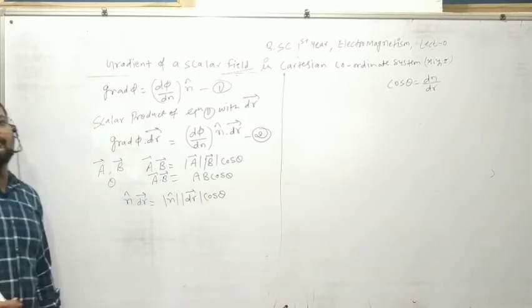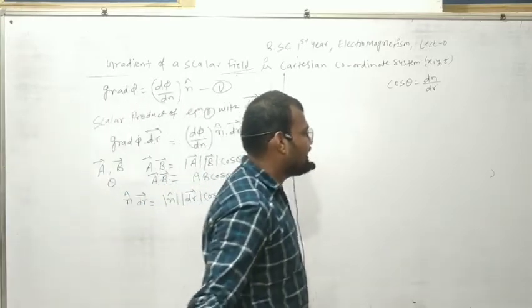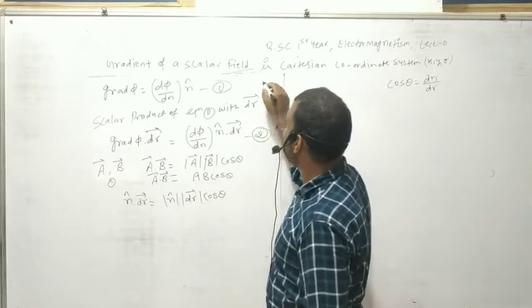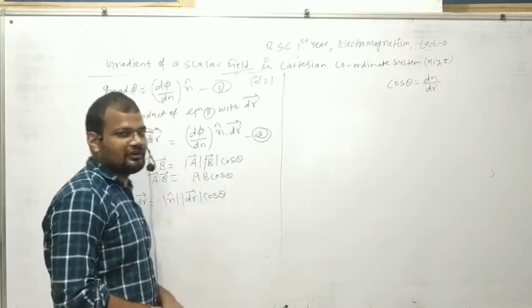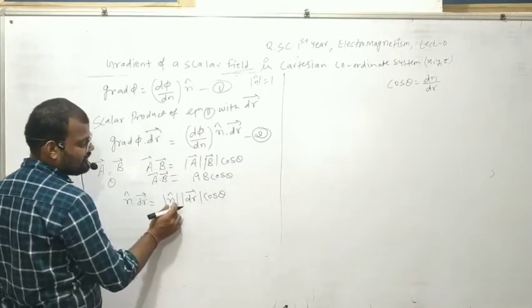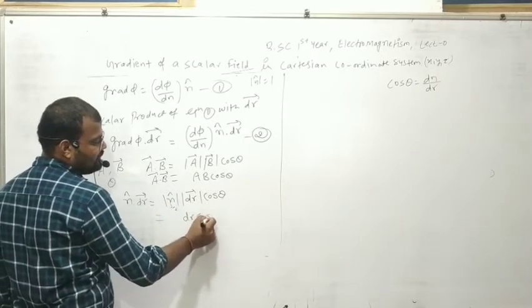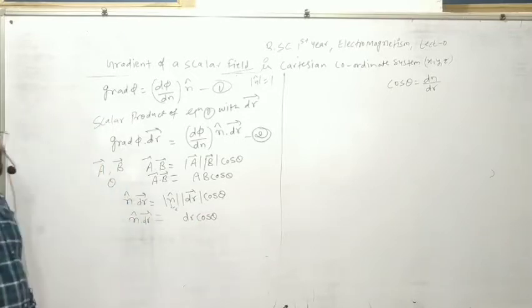And we all know that the magnitude of a unit vector is always 1, and dr vector's magnitude is dr. So n cap dot dr will be 1 into dr into cos theta, so n cap dot dr will be dr cos theta.